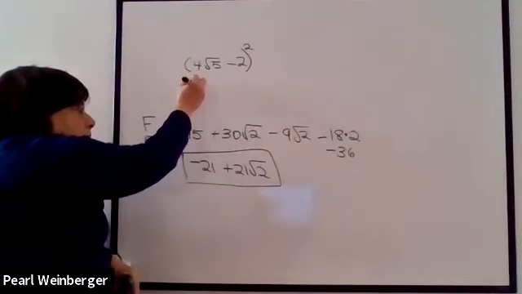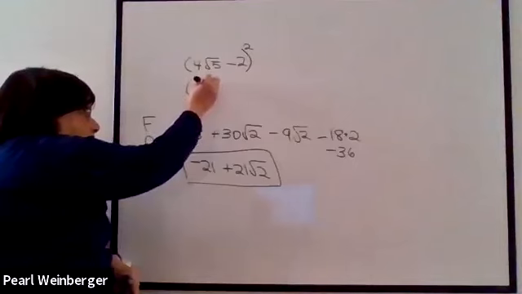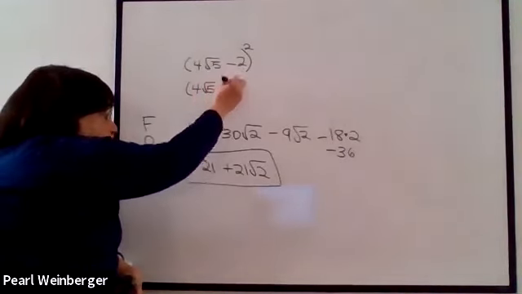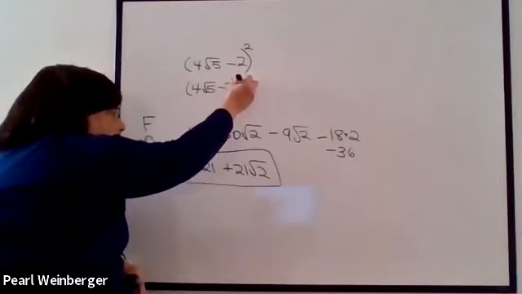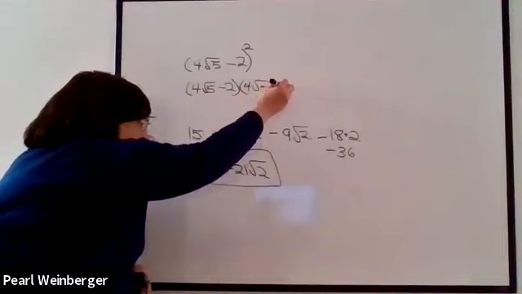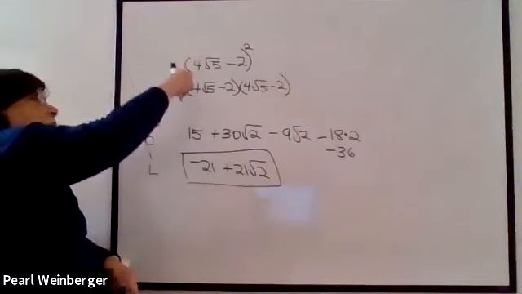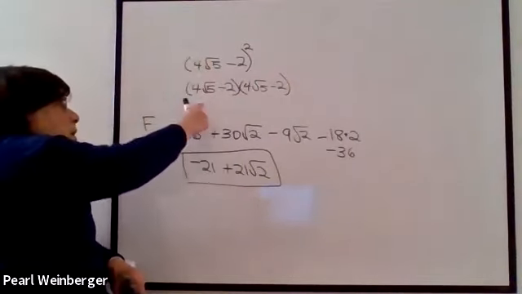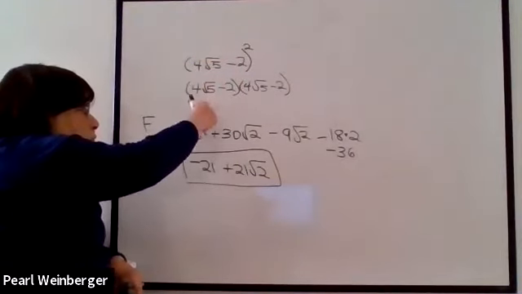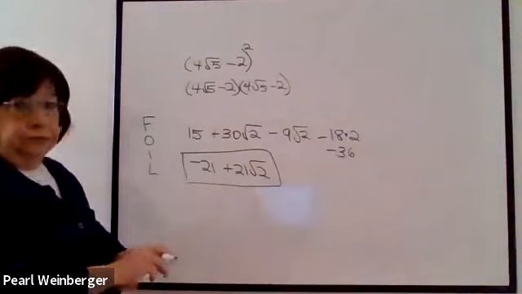When you're squaring a binomial, you really have to write it twice. You do 4 radical 5 minus 2 in your first parentheses and 4 radical 5 minus 2 in your second parentheses. When you're squaring something, don't square each thing separately. You have to multiply the whole expression, the whole binomial by itself.